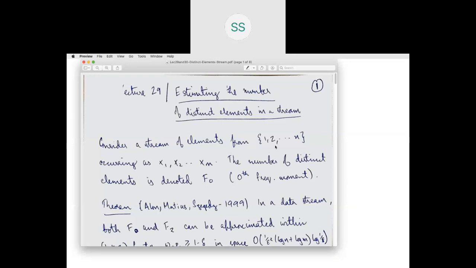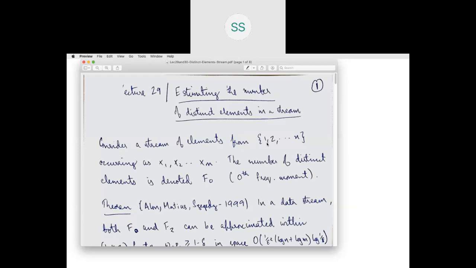The model is that a stream of elements is arriving one by one, and you have very limited memory, so you cannot afford to store the entire data as it is, but you can store some. You can choose to use the limited space that you have in whatever way you can.